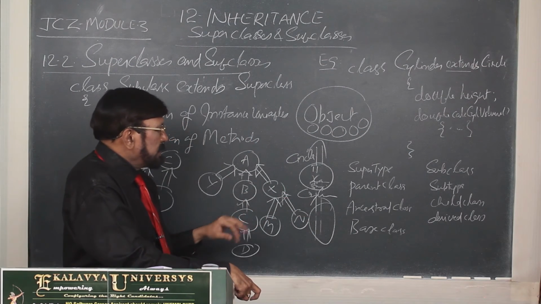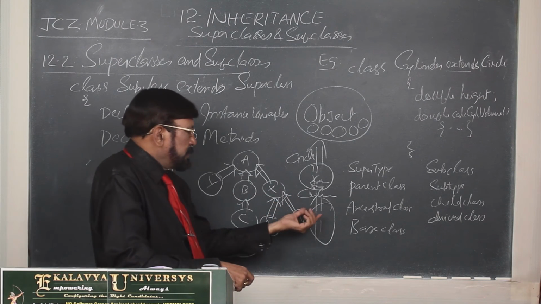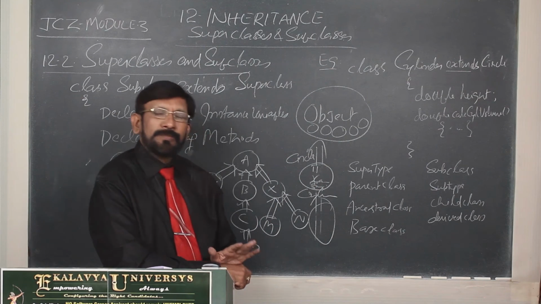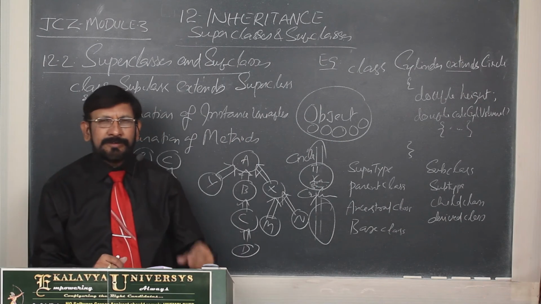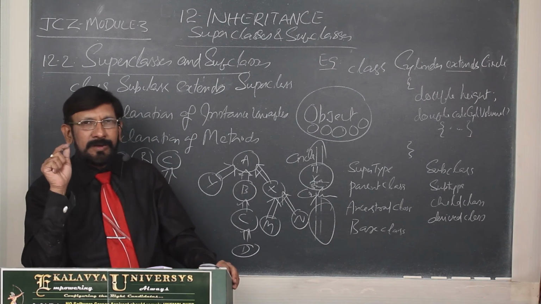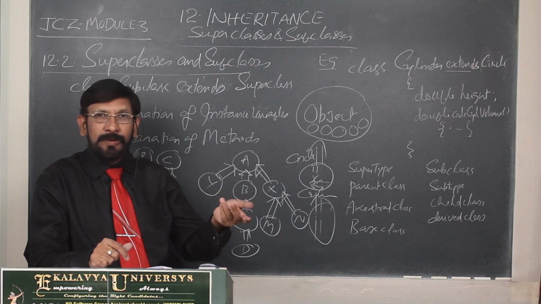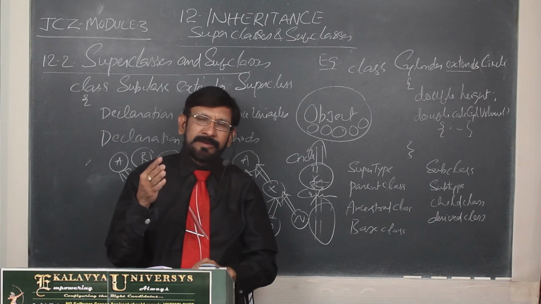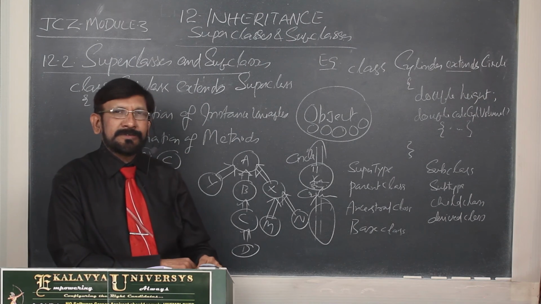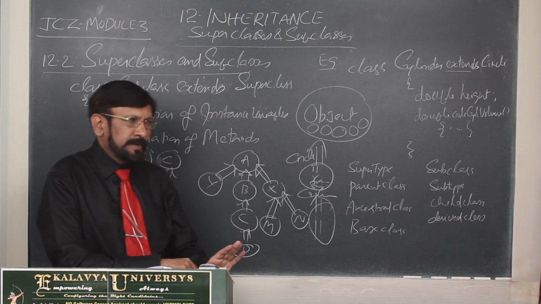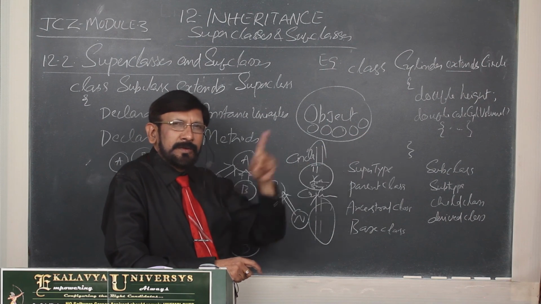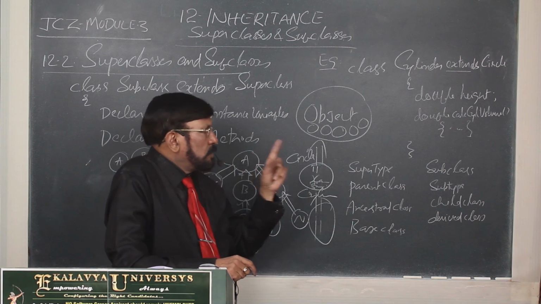By that, you can realize that size wise, the Cylinder class is bigger than the Circle class. So if you have any prejudice that a superclass is bigger than a subclass, please wipe it off. Always a subclass is bigger than the superclass, because it may define additional properties and additional behaviors. These are the general points you must remember, and at the same time you must remember the syntax, because in all the programs in this chapter you must use them.